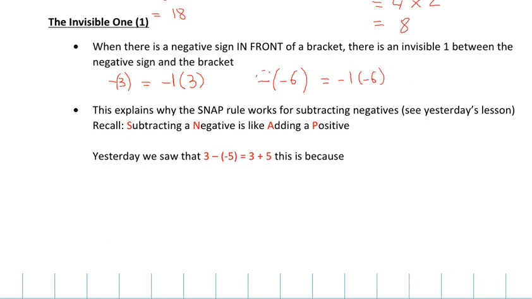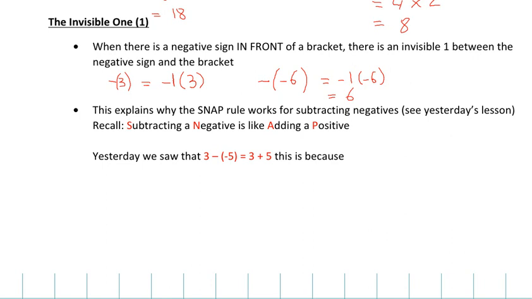Are you okay with that? Now what's negative 1 times negative 6? What do I get? Positive 6, right? So we're going to get to that, and this will answer your question.